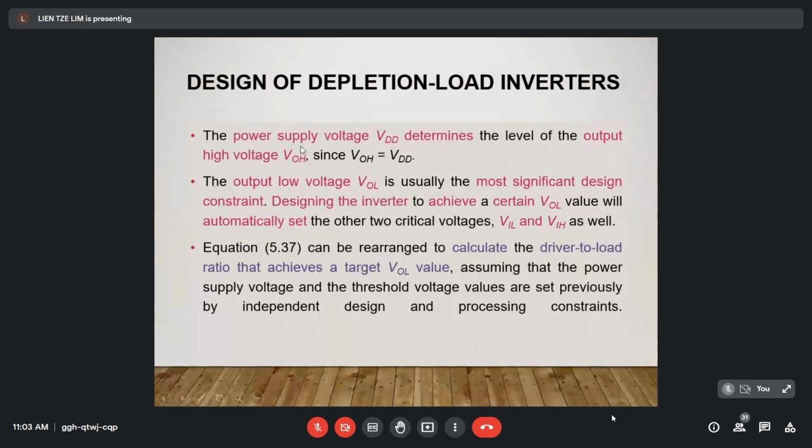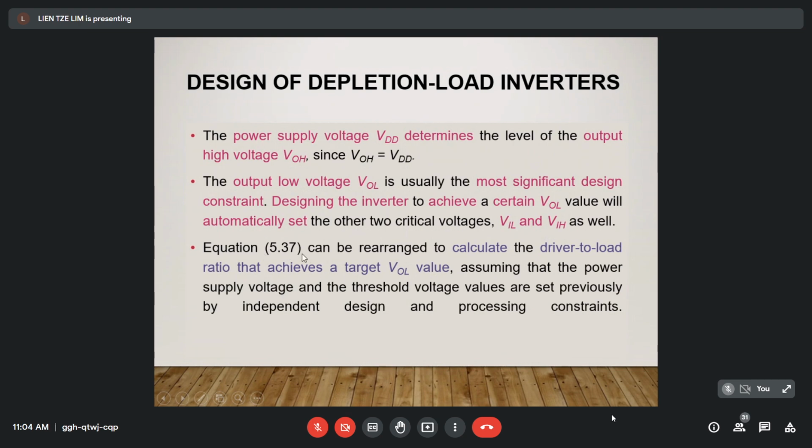The power supply voltage VDD determines the level of the output high voltage VOH, since VOH equals VDD. The output low voltage VOL is usually the most significant design constraint. Designing the inverter to achieve a certain VOL value will automatically set the other two critical voltages, VIL and VIH, as well.